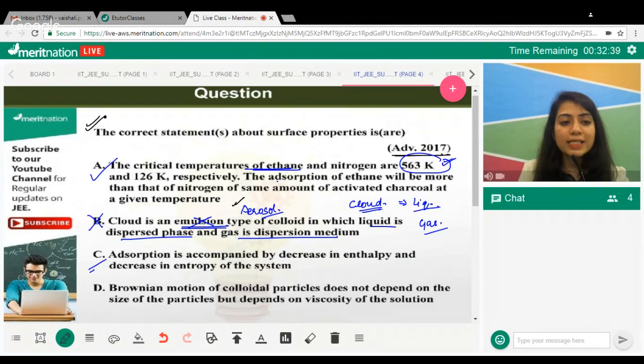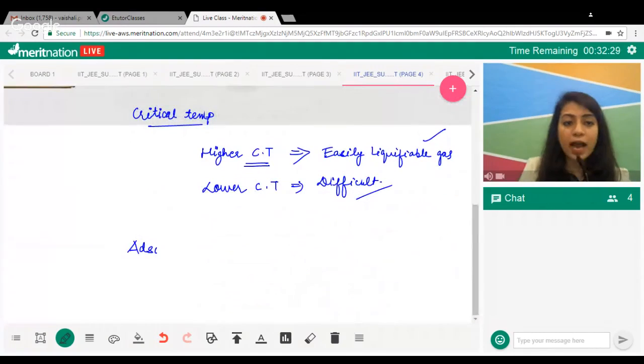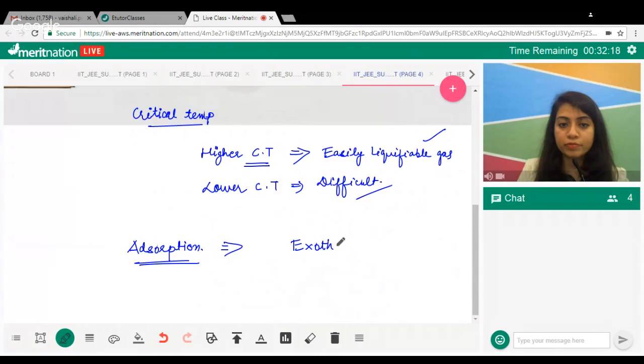Then C: adsorption is accompanied by decrease in enthalpy and decrease in entropy of the system. When we talk about adsorption, its mechanism is very important. You need to know the basic information about adsorption first. Adsorption is an exothermic process. Delta H is always negative in this case. There is a decrease in the energy of the adsorbent during adsorption.